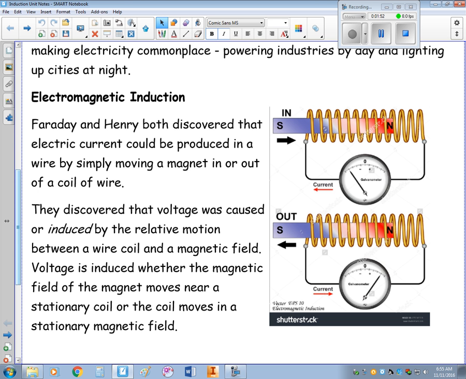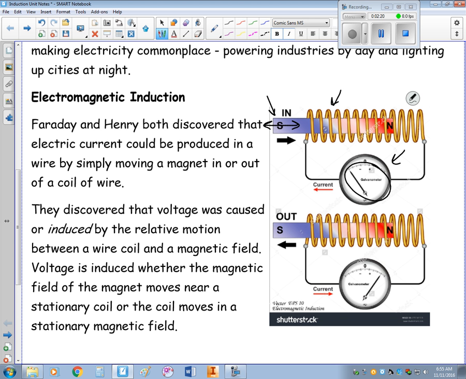If you take a bar magnet and a coil of wire, and move this bar magnet in or out of that coil, you would see that an electric current is being generated. This device right here is called a galvanometer, and it simply detects electric currents. Very small electric currents, but it can detect them.